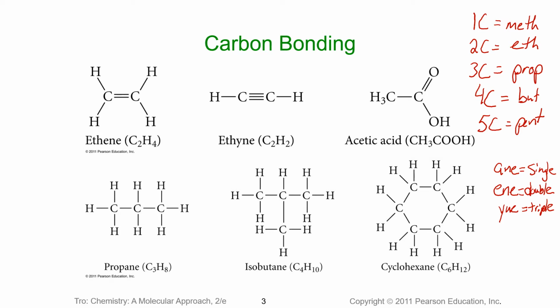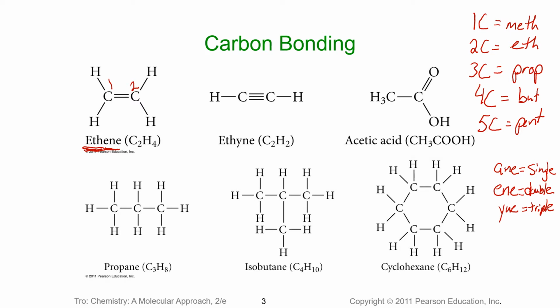So let's look at our first example here. We have ethene. So eth means that there's 2 carbons, 1, 2, and ene means that there's a double bond between our carbons. So this helps us decide that ethene has 2 carbons with a double bond.